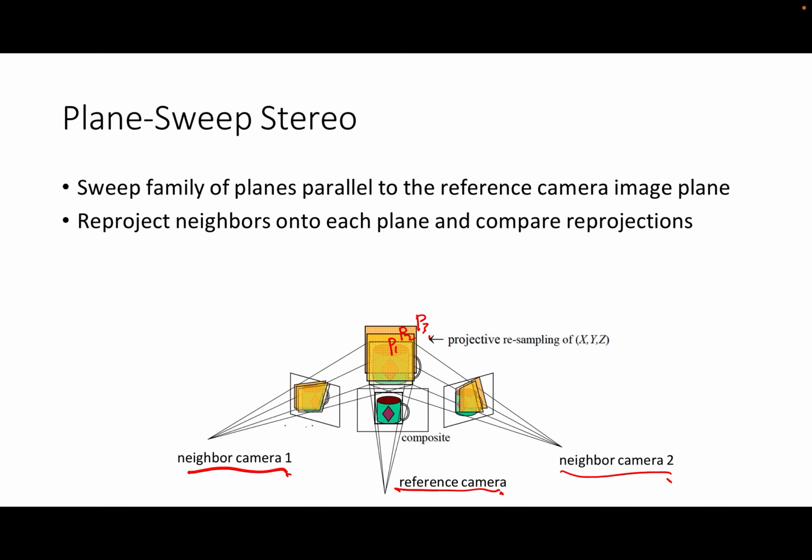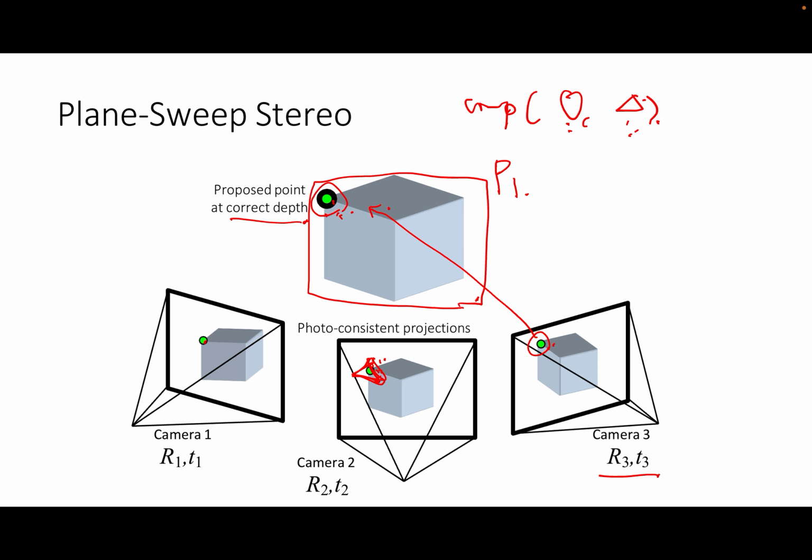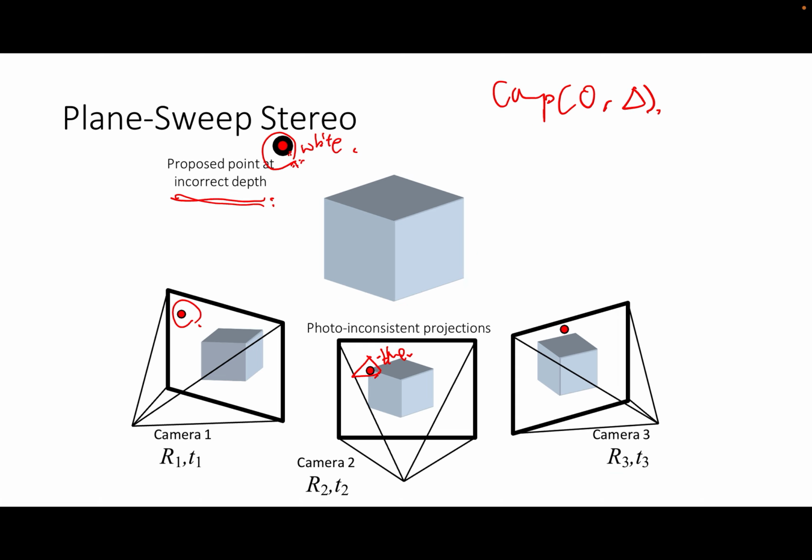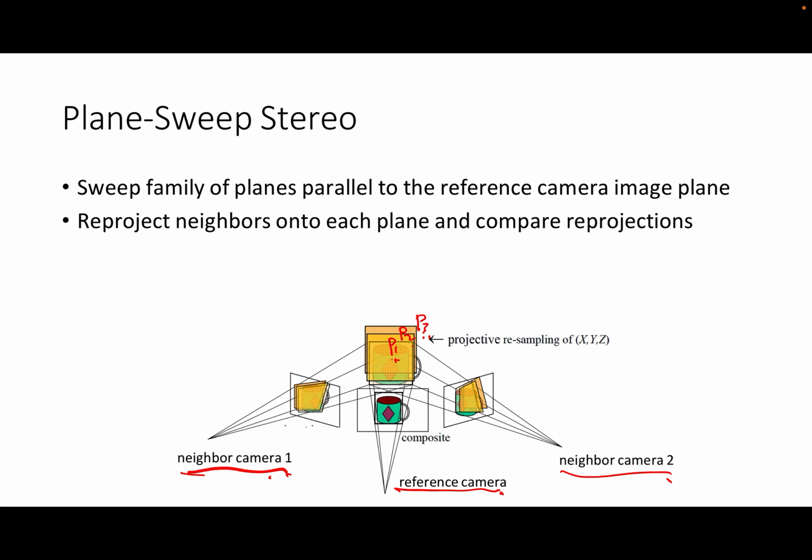We lift this neighbor camera to the 3D space, and then project again to P1, project again to P2, project again to P3, and then we compare the projected image and reference image to measure the consistency distance. As this slide shows, if the consistency distance is small, then the depth value of this point is correct. If the consistency distance between this circle and triangle is very huge, then the depth value of this point is incorrect. We can conclude that.